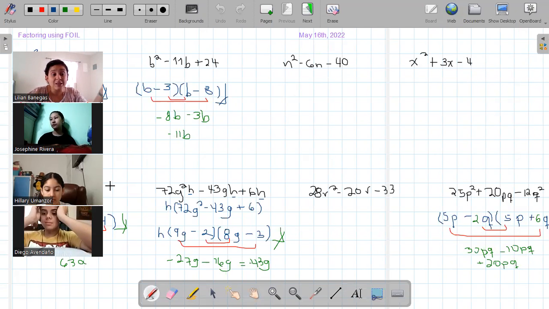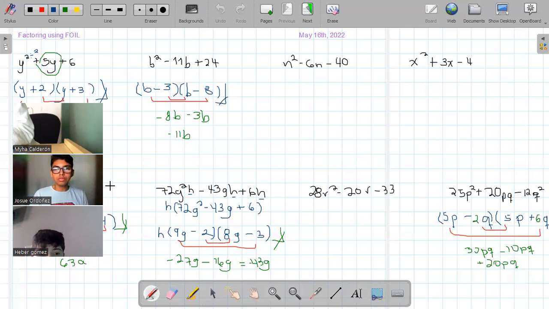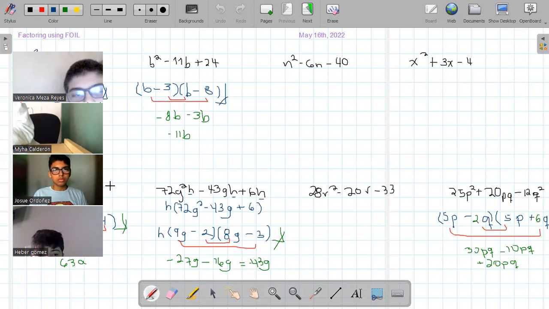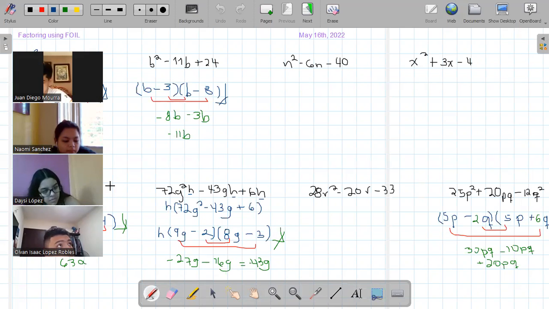Is there any GCF between n squared, -6n, and -40? Is there any GCF whatsoever in there? Yes or no? Is there? 2.